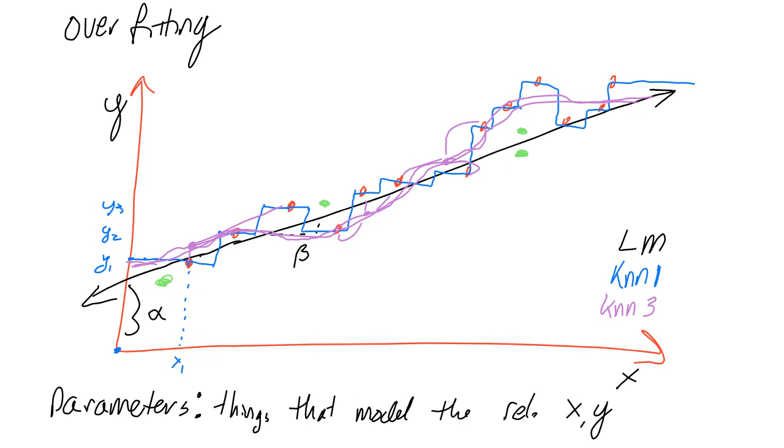As I said before, the KNN model has only one parameter, which is the number of nearest neighbors. The linear model has two parameters, which are the slope and the intercept.